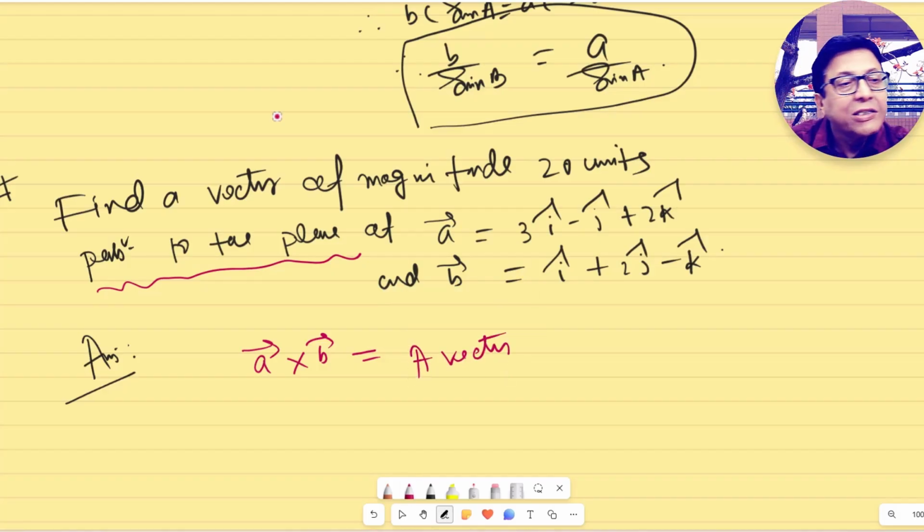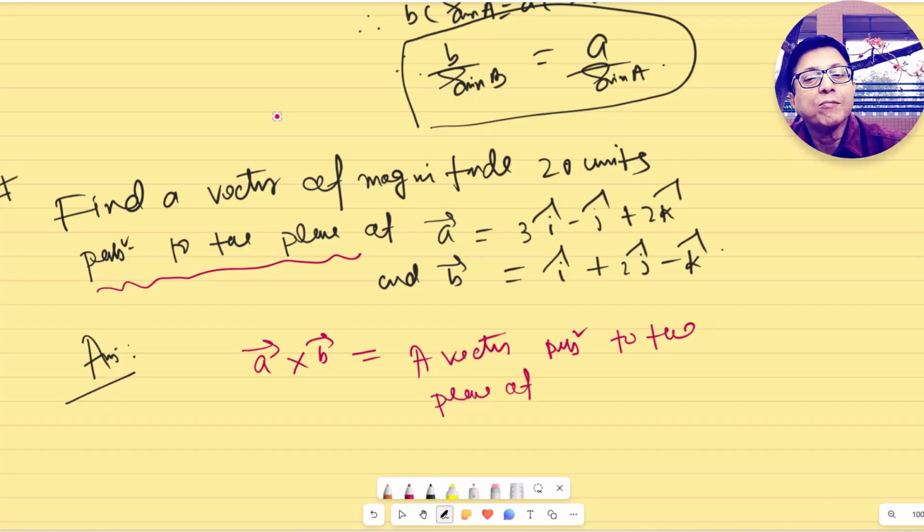Why is this conceptual? Because no formula is given for that. Although I could have written one formula, I have waited till this sum. How do you do it? How to find the vector?